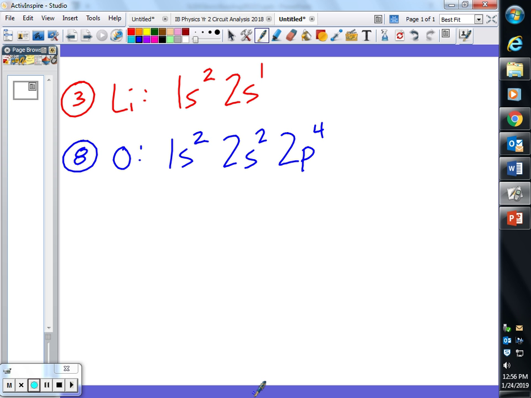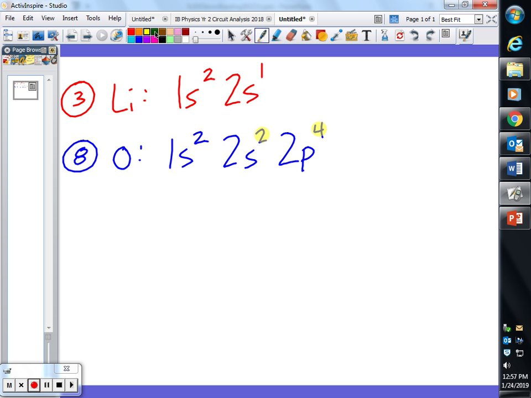Okay? How many electrons are there in the second level? There are 6 total. These are in the second level, but those are in the second level as well. So how many valence electrons does oxygen have? 6 valence electrons. Okay? Good so far?